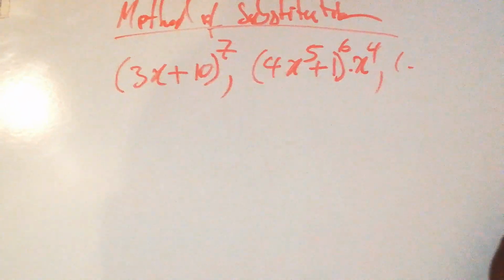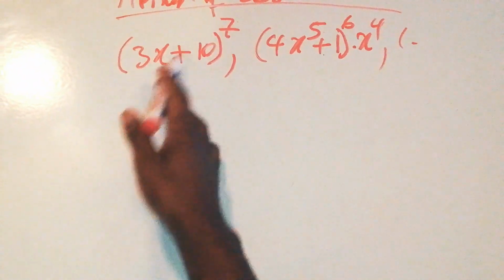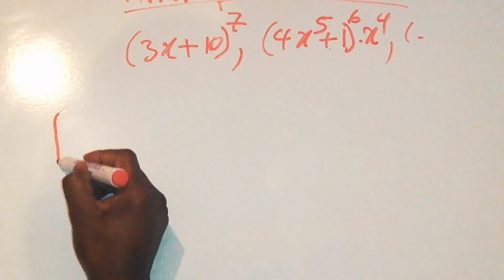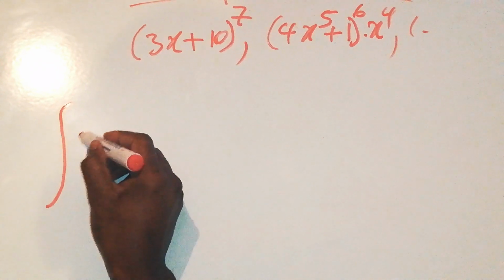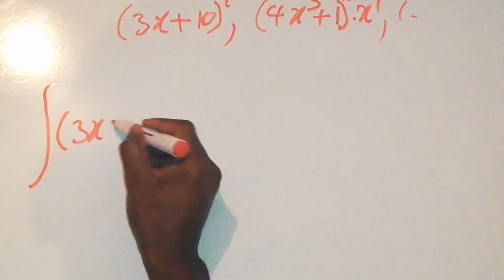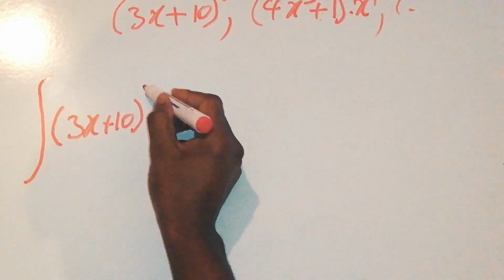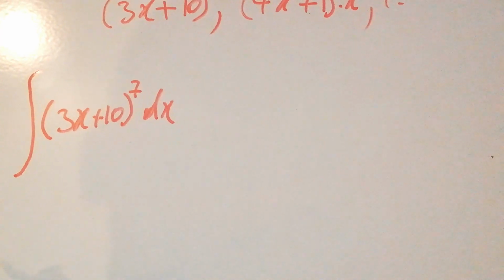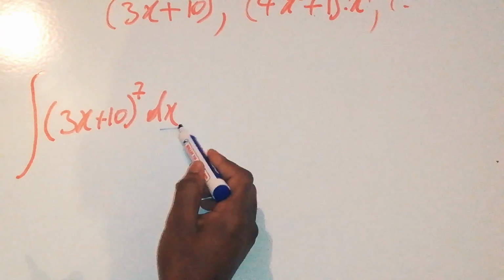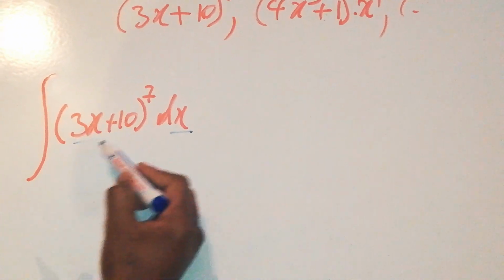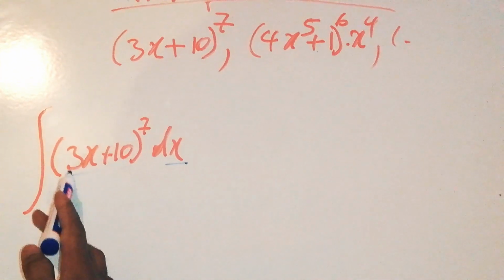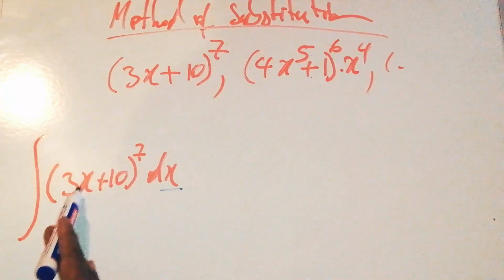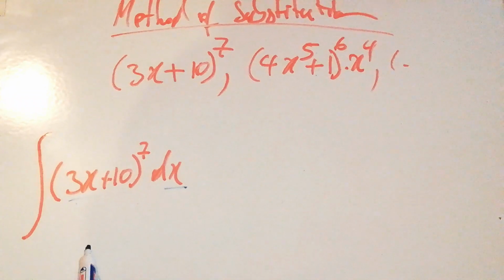Let's start with the easier one: find the integral of (3x plus 10) exponent 7 dx. What I do in this case is check here: if I differentiate this part, I'm not going to have any x left in the equation, right?